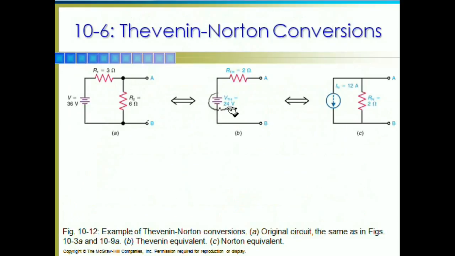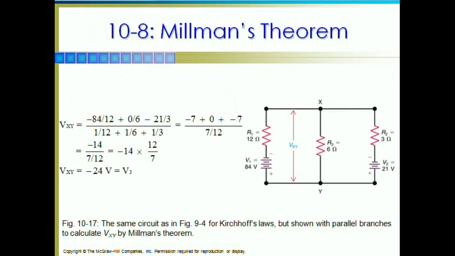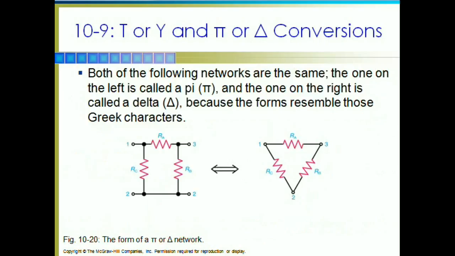Our Thevenin voltage was, how about that, 24 volts, looking at it across any 2 points from that circuit that we were looking at earlier. So that is the ease and beauty of Millman's theorem.